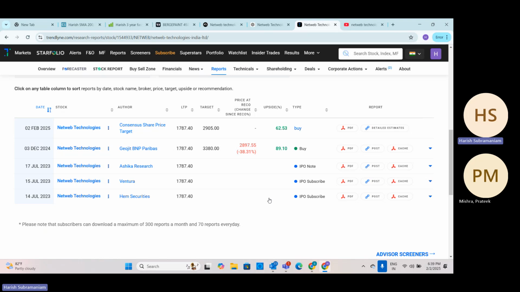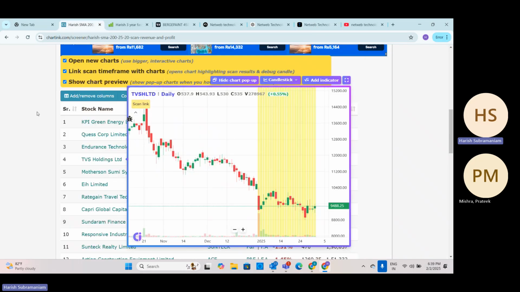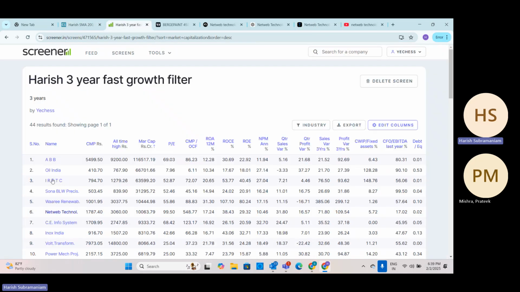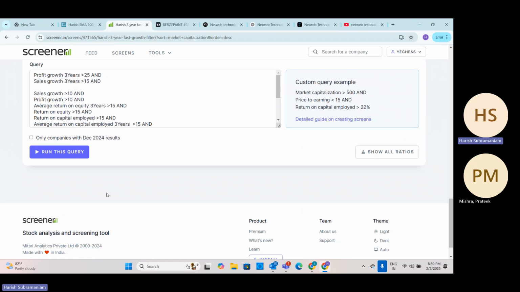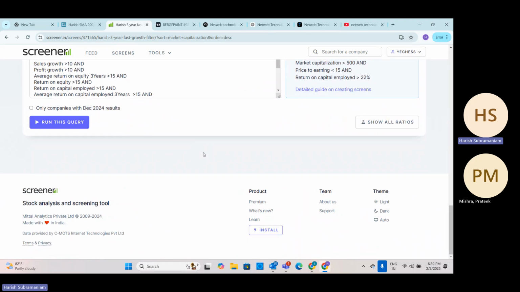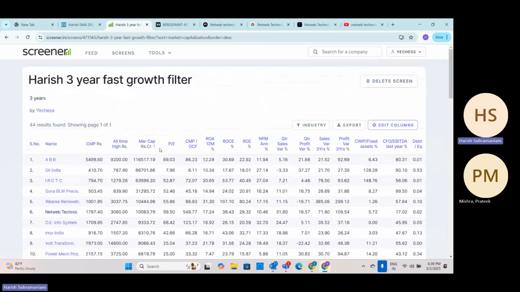So based on all the knowledge that we have learned so far, we can use this kind of technical filter. We can use these kinds of fundamental filters, and then we can shortlist the companies, learn more about them, and then finally take a decision. Over time, let's say we have understood one company. Now this company, Netweb, is going to be there for many, many years.